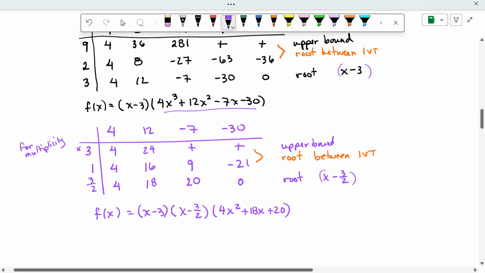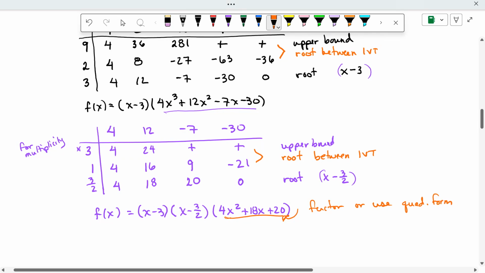And once I get down to a quadratic, I can attempt to factor this or use the quadratic formula.